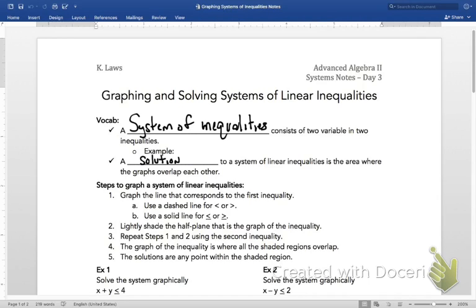In some cases, depending on what types of lines you have, if you have a solid line, it can still fall on that line if it's shaded. Okay? If that's where their overlap lies. If it's a dashed line, then no, it won't work in terms of our solution.